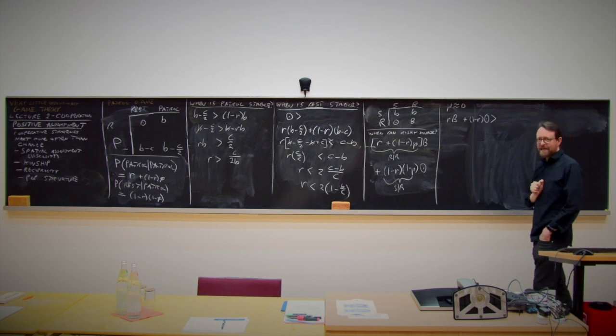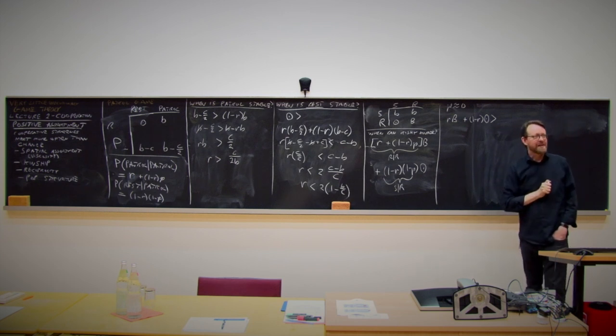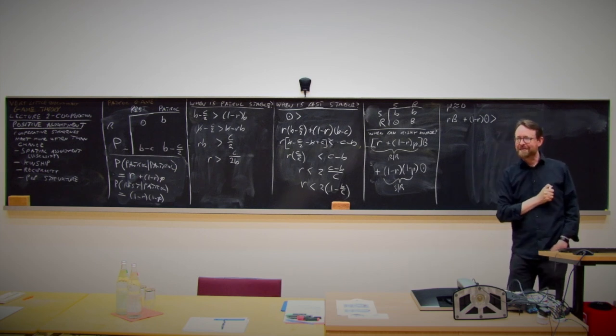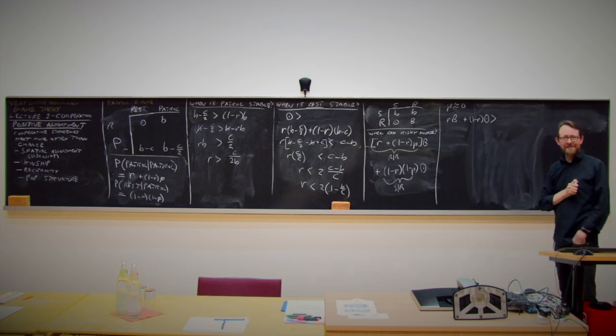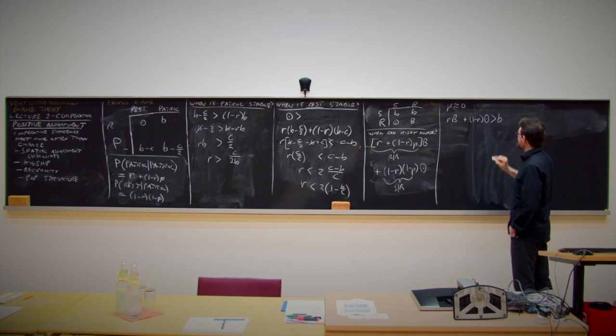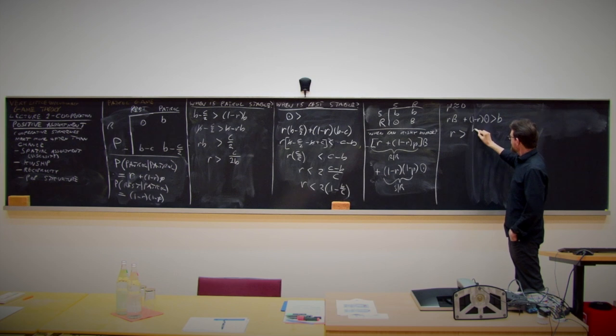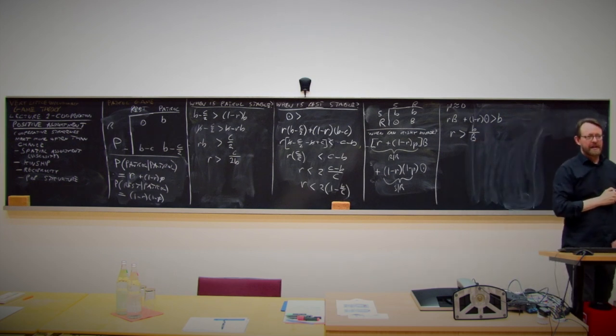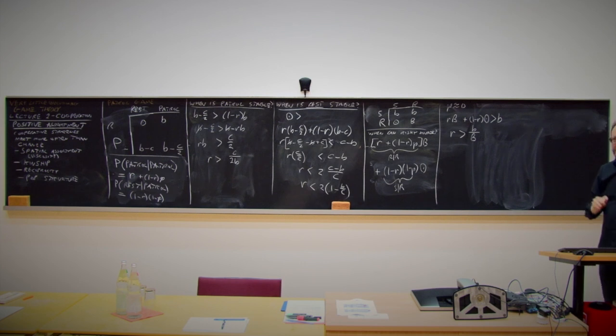And what's common safe get? It gets little b. It always gets little b. It doesn't matter. This is what makes this model easy. Nothing affects safe. So it has to be greater than little b. All right, so we just require that R be greater than little b over big B. That is the condition for rare risky to invade.